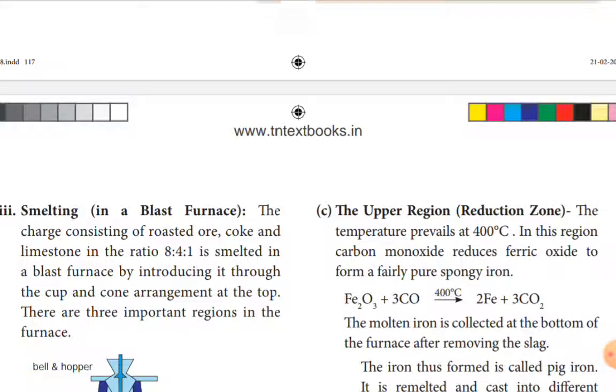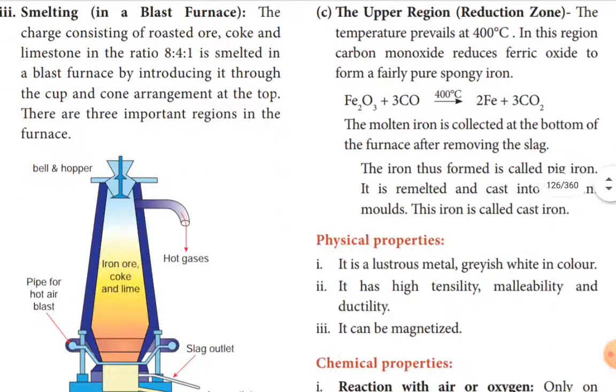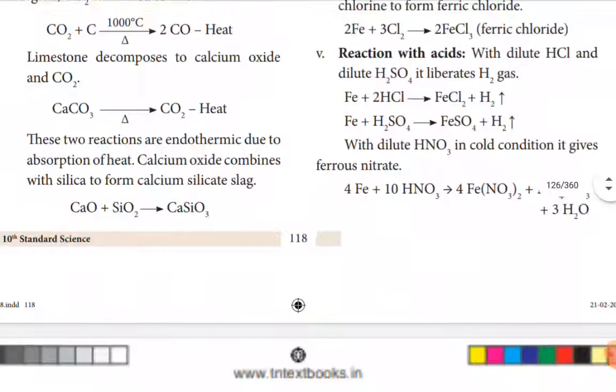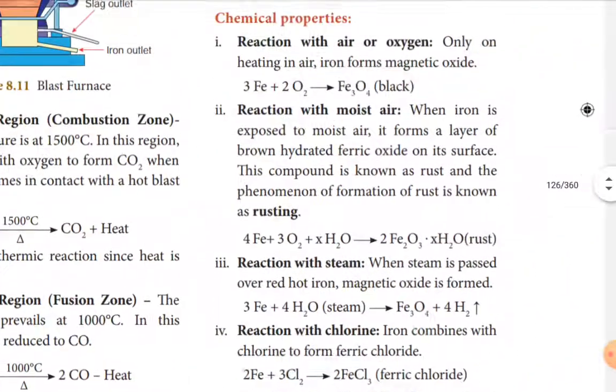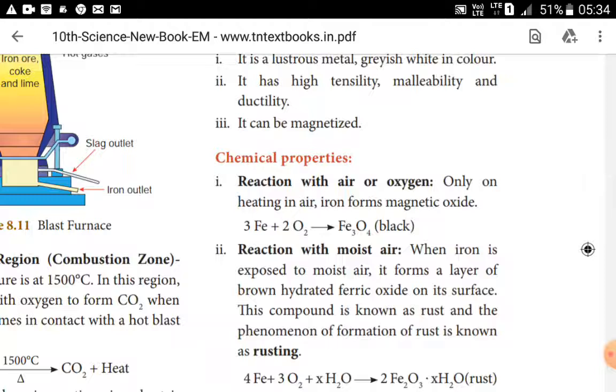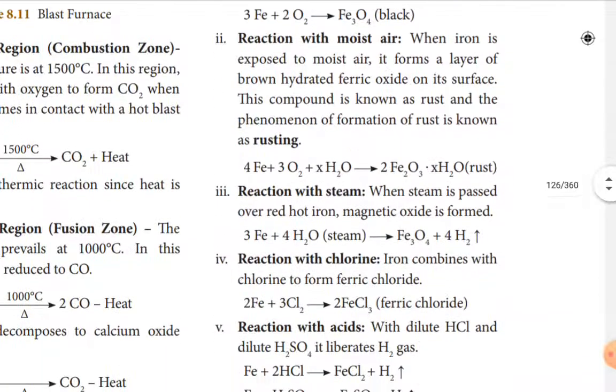The ratio of charge is 8:4:1: ore, coke, and limestone. There are three regions in the blast furnace: lower region, middle region, and upper region, that is the reduction zone. And chemical properties with oxygen, with moisture. The second property is the important one.